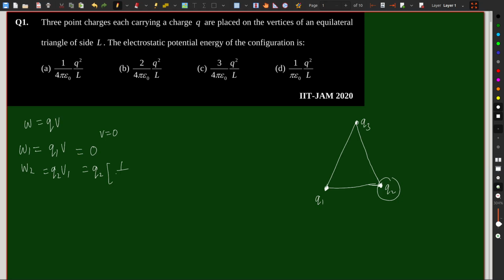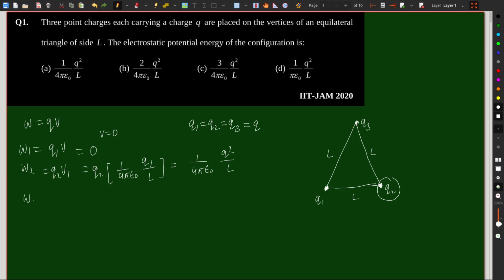Potential due to Q1 is 1 upon 4 pi epsilon naught Q1 over L, where L is the length of this equilateral triangle. Because all charges are the same, Q1 equal Q2 equal Q3, all of the same magnitude and positive, this will be given by 1 over 4 pi epsilon naught Q square over L.